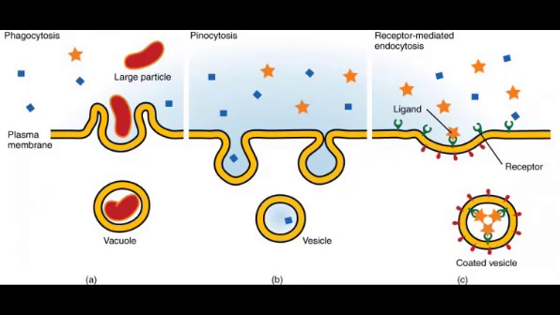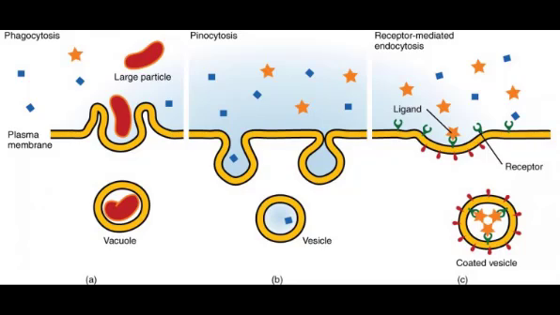So phagocytosis and pinocytosis take in large portions of extracellular material, and they are typically not highly selective in the substances they bring in. So cells regulate the endocytosis of specific substances via receptor-mediated endocytosis.